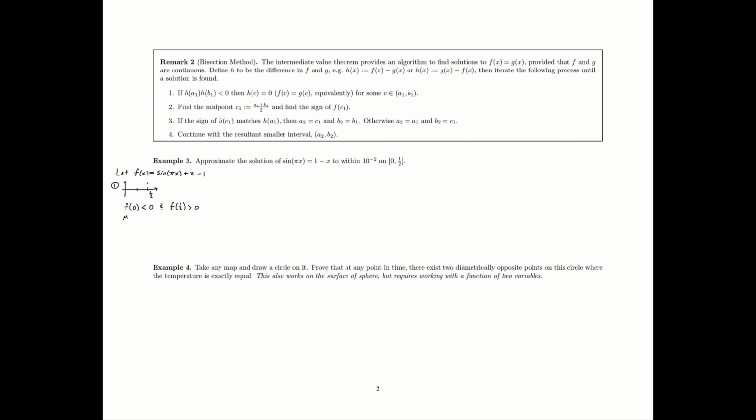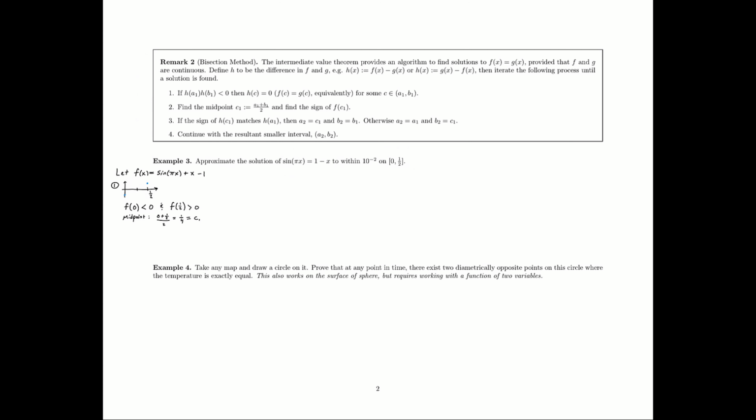For the midpoint you always just average. So 0 plus 1/2 over 2 is 1/4. So that's our midpoint, and that's going to be our new value here. I'm going to call this C1 for now, okay? Call this C1.